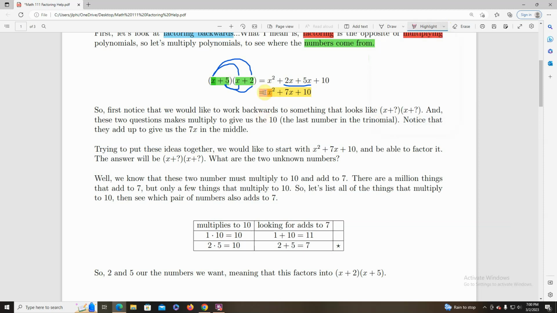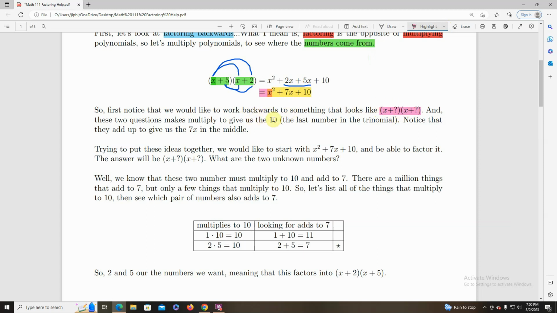There's no number in front of the x squared. Those, if they factor, are going to factor into something like x plus something and x plus something. It could be x minus something. Depending on whether these are positive or negative, we will figure out how to tell what those should be.